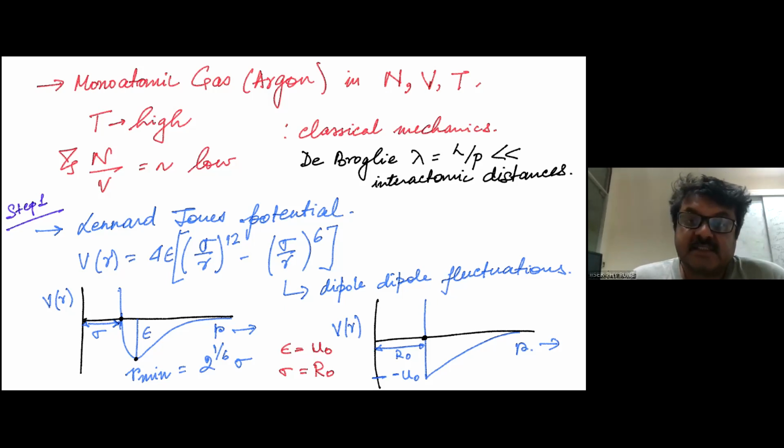Having said that, though we are going to develop the theory with assumptions relevant for dilute gases at high temperature, later we'll extend the equation of state to even get the van der Waals equation of state, which shows liquid-gas coexistence, which means if it's a liquid, it's a dense, interacting system, right?